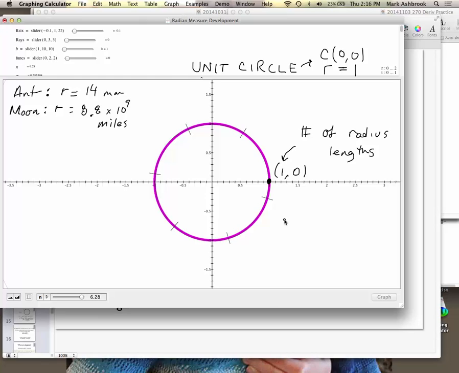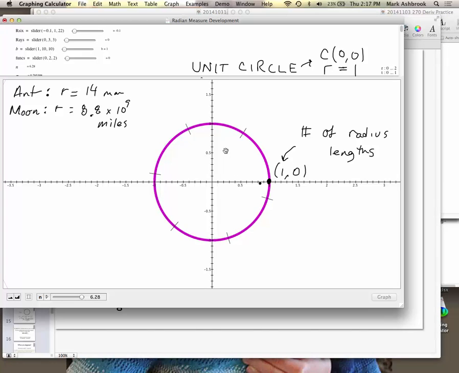What does the 1 mean for the moon? It's still 1 radius length to the right of its planet in the middle. Some moons do have circular orbits.